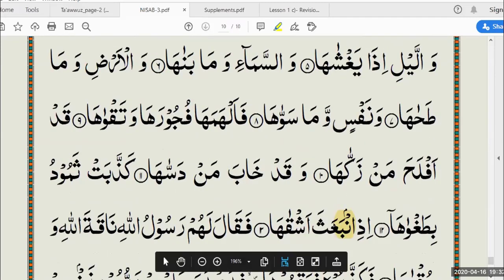So basically, whenever you have Ba, for example, here we have Ba, the letter before it is either Noon Sakin, as we can see here, or Tanween on top of any letter. So if there's Tanween or Noon Sakin, and the next letter is Ba, the rule is Iqlab, which means exchanging the sound of Noon Sakin or Tanween with a Mim sound.